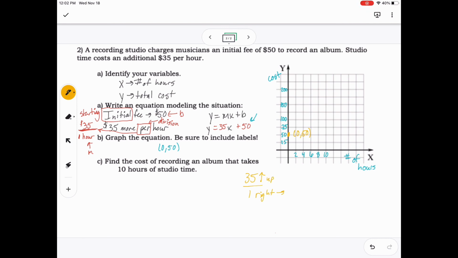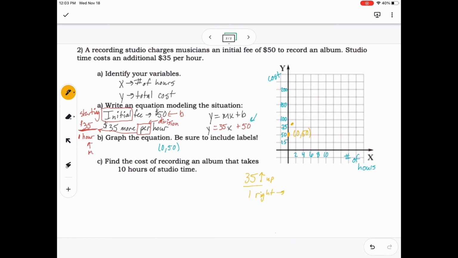Okay, so 35 up gets you to about right here, and then that gets you somewhere in the middle. Now that's not a fun point. Like that's kind of hard because it doesn't actually land on a line. And sometimes it's not always going to. That's fine. So let's do it again.